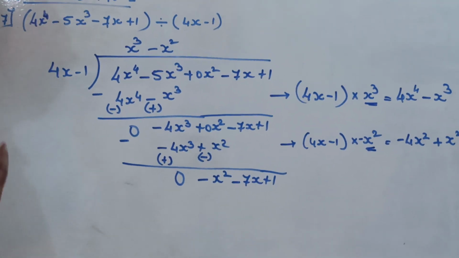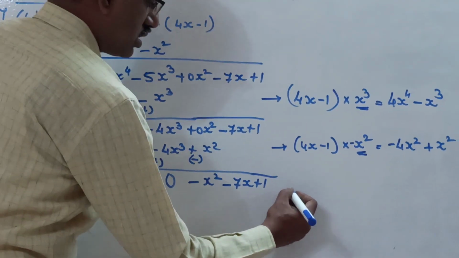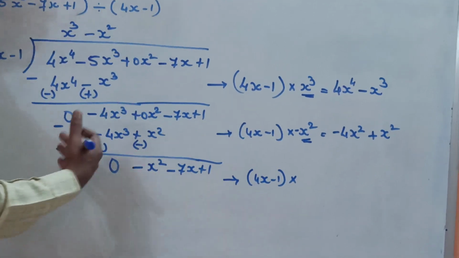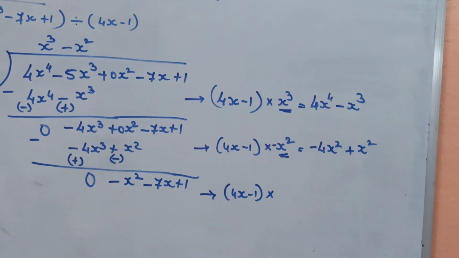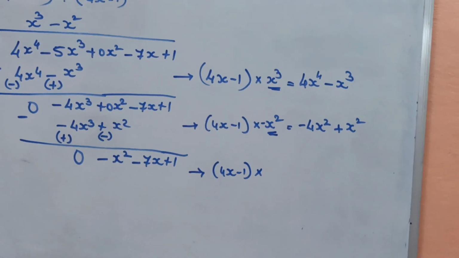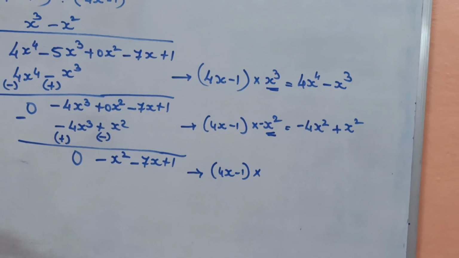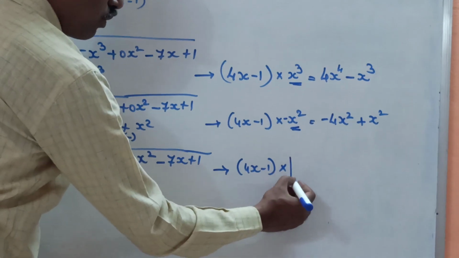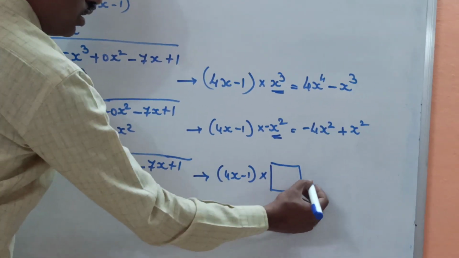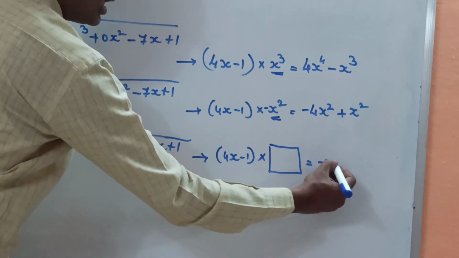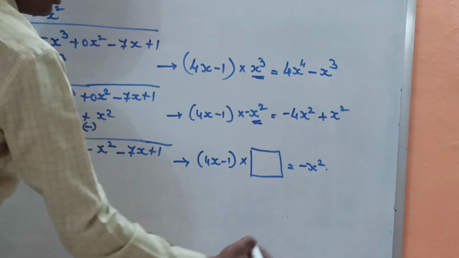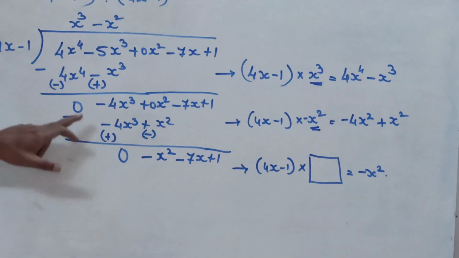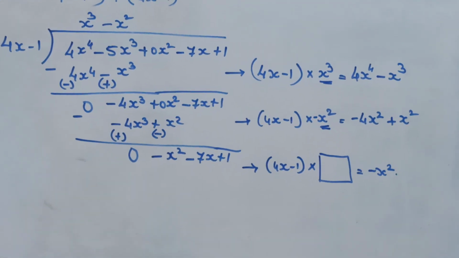So over here, you should know one more thing, that is if I multiply 4x minus 1 multiplied by what will get me x square. So here the third term, you have to be very careful how to find this. So it's very easy. Which number will come over here, so that I'll get minus x square and another number, so that I will get 0 in the next step.